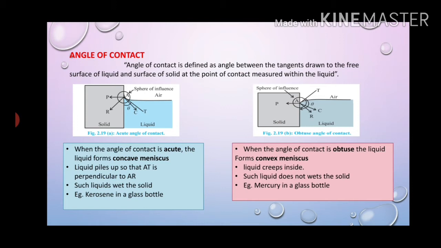From the diagram you can see that the liquid is rising up at the corner, that is at the point A. The liquid piles up so that AT is perpendicular to AR. Such a liquid always wets the solid, for example, kerosene in a glass bottle.